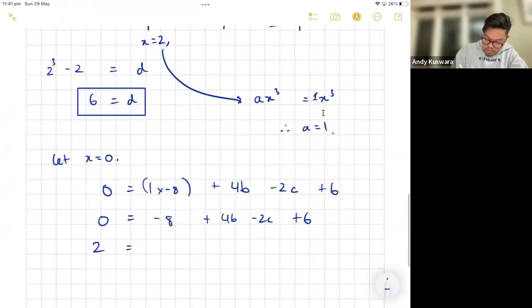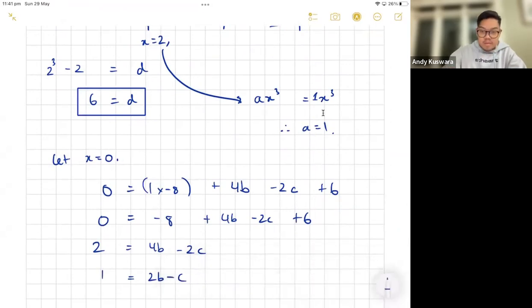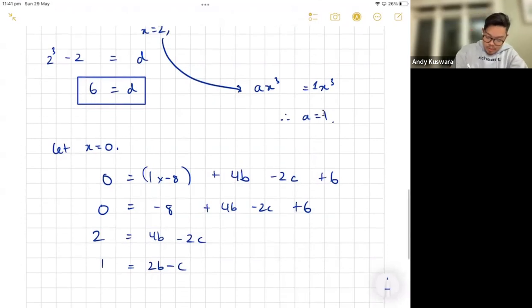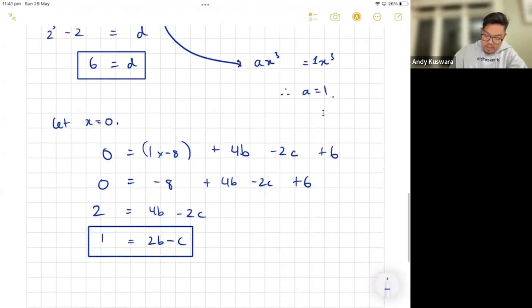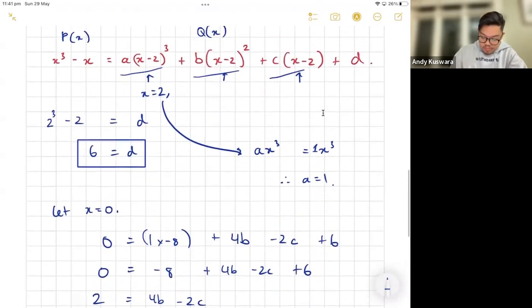So 2 is going to equal 4b, take away 2c. And from there, I can also divide everything through by 2, giving me 1 equals 2b, take away c. Okay. And probably the other one that would be interesting for us to look at is letting x equal 1.